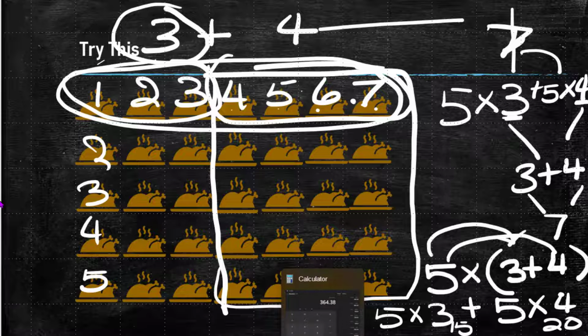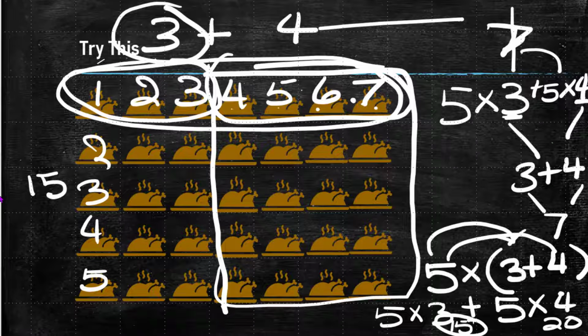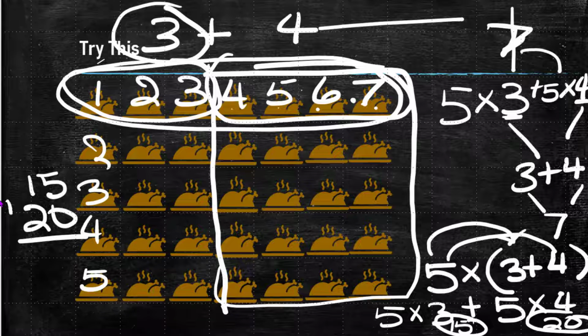Let's see. 15 is my answer for 5 times 3. 20 is my answer for 5 times 4 or 4 times 5. Add those together and it's like math magic. You do get 35.